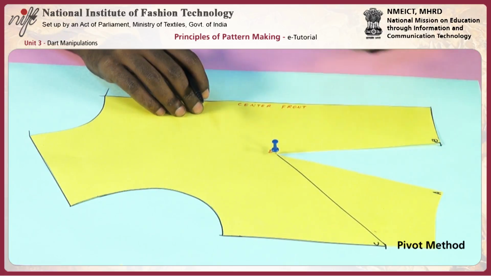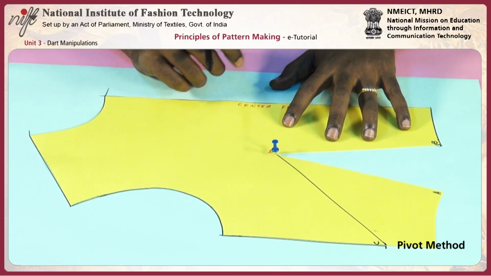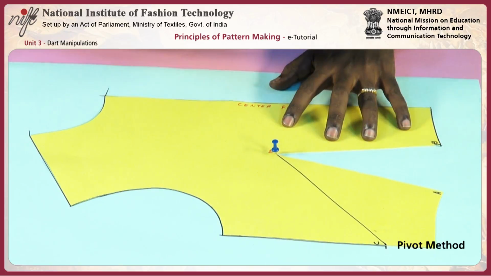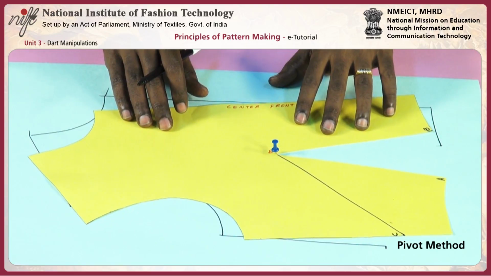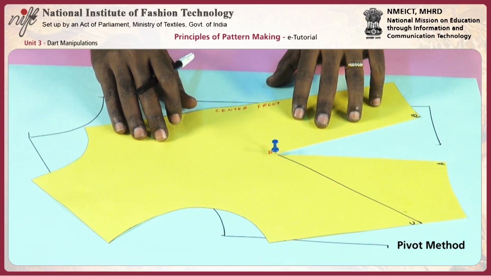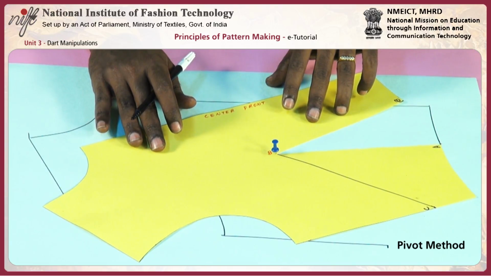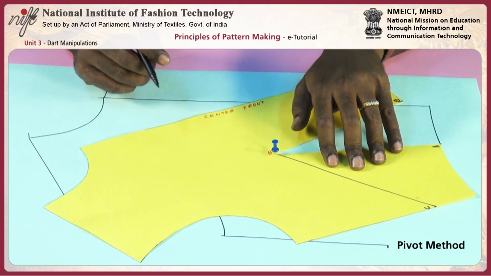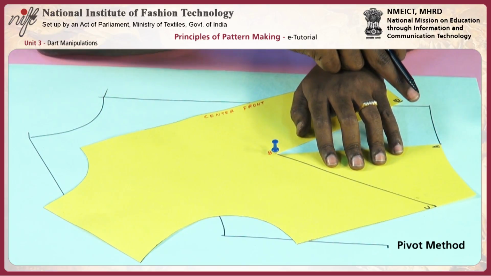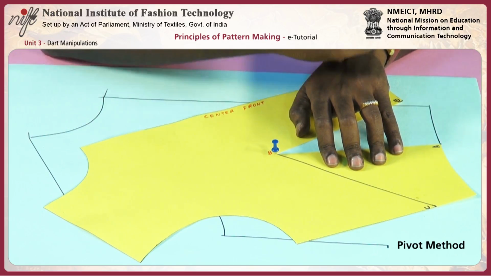Draw till C only. Now pivot at the bust point and move A to B. So it will rotate the pattern, move till it touches the dart point, the other leg. Then you trace A to C in the clockwise direction.